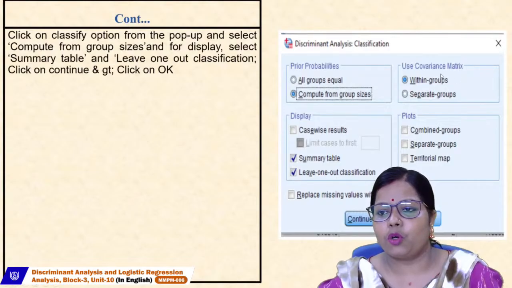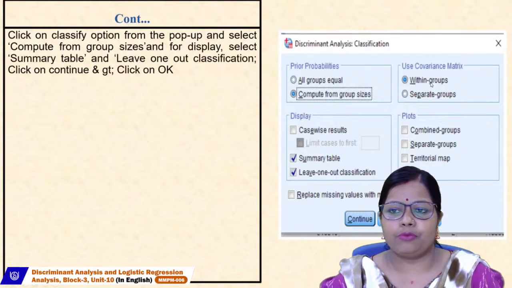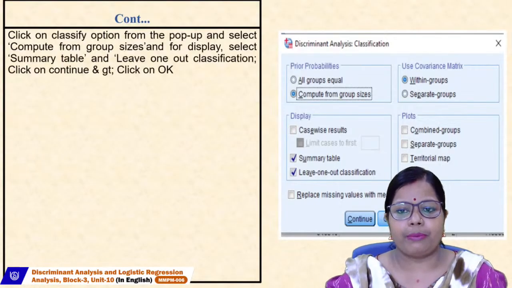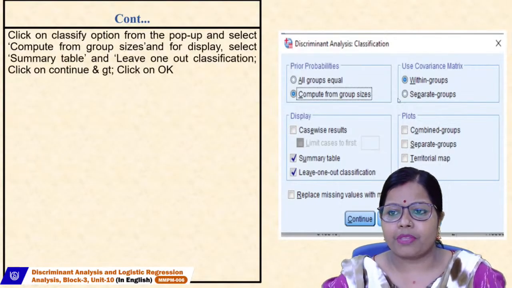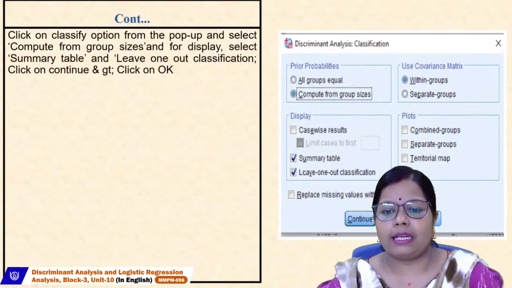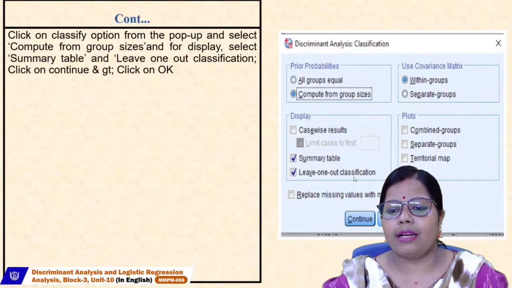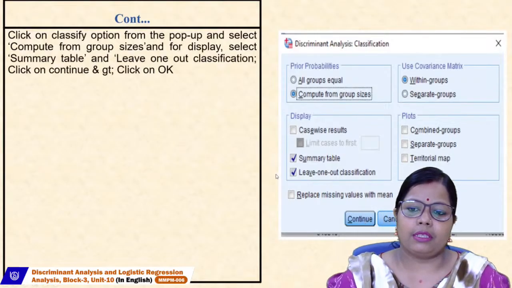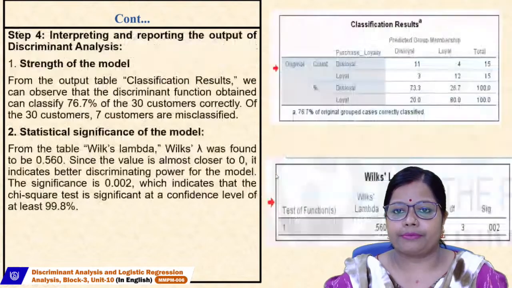Then we will move to the covariance matrix. It is within-groups, because we are talking about two things, within the group and between the groups. That is why within-groups. Then from display we have to select summary table for interpretation, which is the ultimate result of this analysis. Then leave-one-out classification. Then we will go for continue and OK.